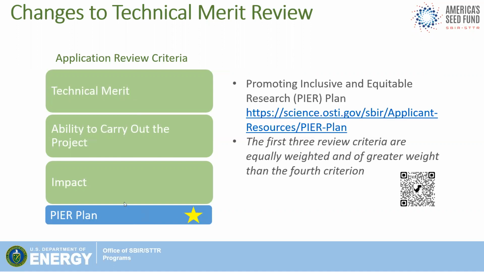So the majority of the review criteria are the top 3, with a small slice given to the consideration of the peer plan in the award decision. There are resources here. We have developed a web page on the peer plan. Please visit the web page. It has, I think, a lot of good information.